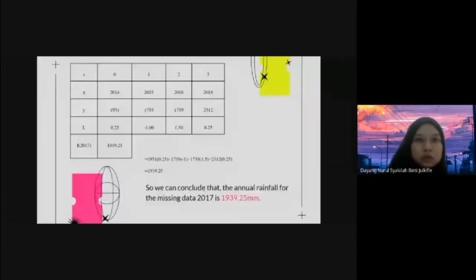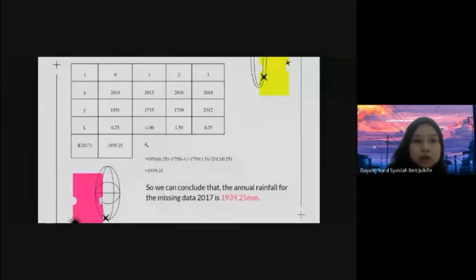So we got the values of L0, L1, L2, and L3. We put them into the table to make it easier. So L0 here is 0.25, L1 is negative 1, L2 is 1.5, and L3 is 0.25.